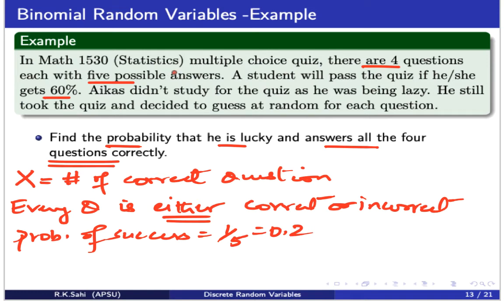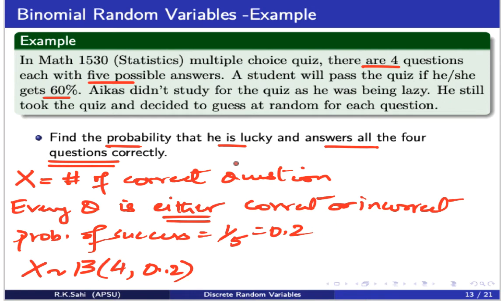And every question is independent. And there are 4 questions we have. So basically, it's a binomial random variable. So we say X is binomial with n equals 4 and probability of success 0.2.